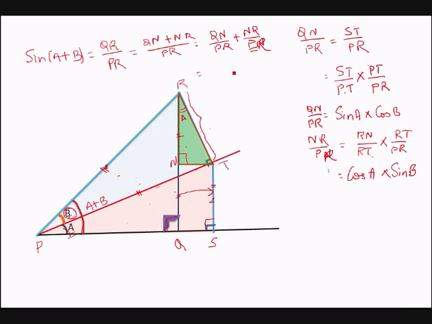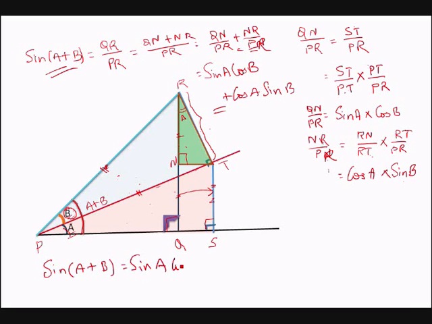QN over PR is sin A cos B plus NR over PR is cos A sin B. Therefore, if you write it together, sin A plus B is equal to sin A cos B plus cos A sin B. This is the formula for sin A plus B.